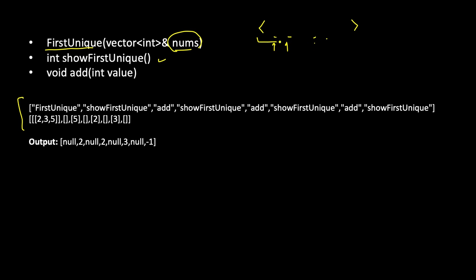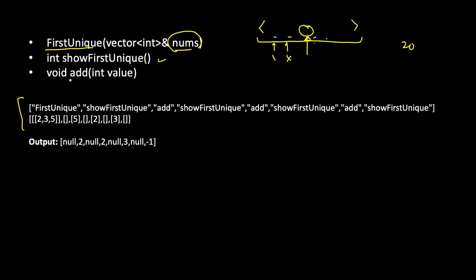You will see that this number came first, then this number came, then this number came. Till now, let's say you have 20 numbers that have occurred. You will see this is not unique, this is not unique, it has occurred somewhere else also. Yes, this number is unique, so you will return the first such number. Here, order is important. You have to return the first unique number and not just any unique number.